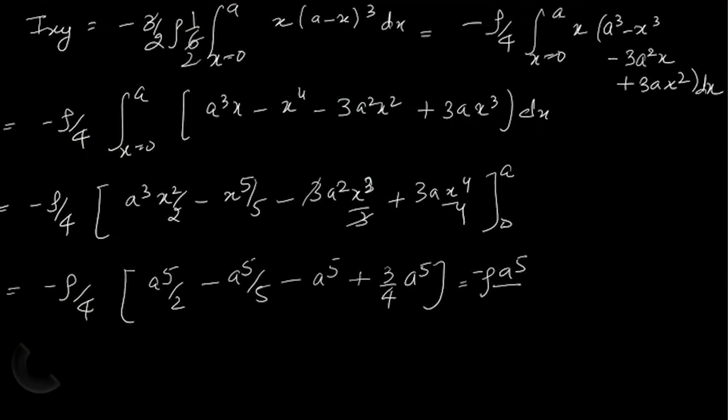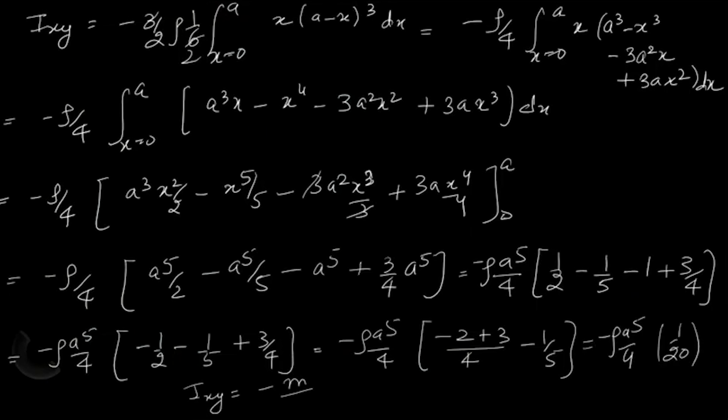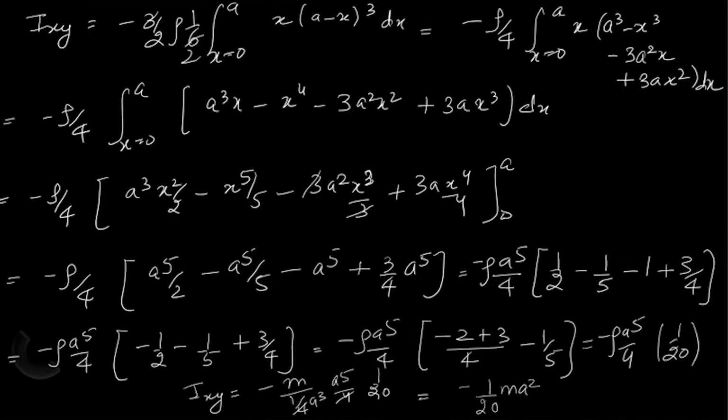So let's solve it. So we got minus rho over 4 a to the power 5, this is 1 over 20. So Ixy, after putting the rho, which is m over 1 over 4 a cube, and then a5 over 4, this 4 will cancel, and this 1 over 20. So we get Ixy equal to 1 over 20 m a square. So this is our second element, Ixy.